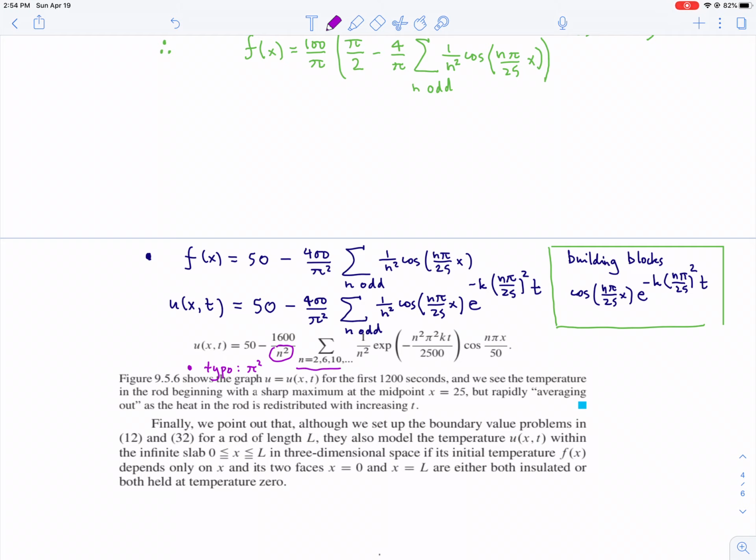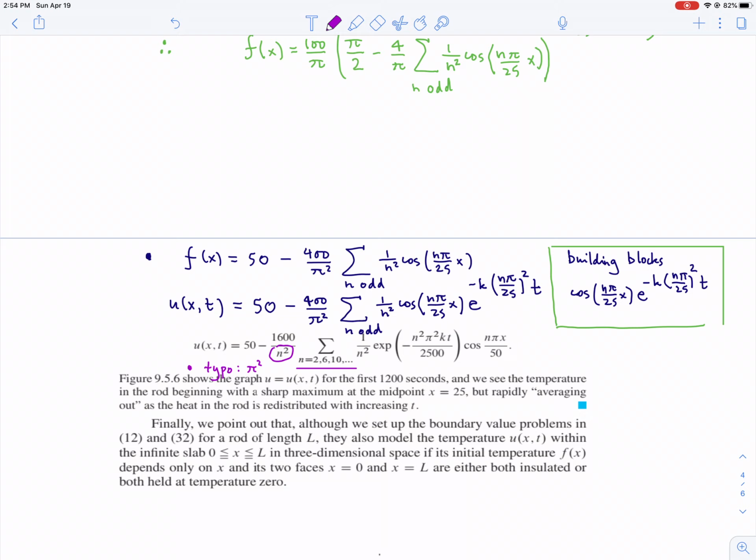They got their Fourier series in a much harder way, and they're summing over n over 2 is odd. And so their n's are twice ours, and so their n squareds are 4 times ours, and 1600 over 4 is 400. So that's that factor. The cosine, and they have cosine n pi x's over 50s, but their n's are twice our n's, and so that corresponds to our cosine n pi over 25s.